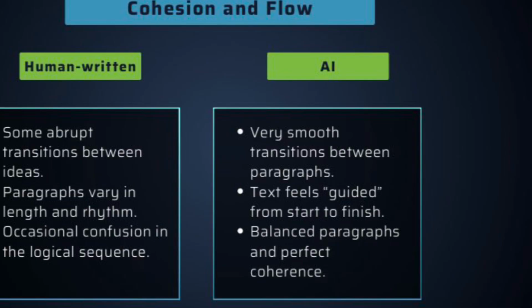Some paragraphs vary in the length and the rhythm, and there is some occasional confusion in the logical sentences. On the other hand, artificial intelligences are very smooth between the transitions of paragraphs and ideas. The text feels guided from start to finish, and there are balanced paragraphs and perfect coherence.